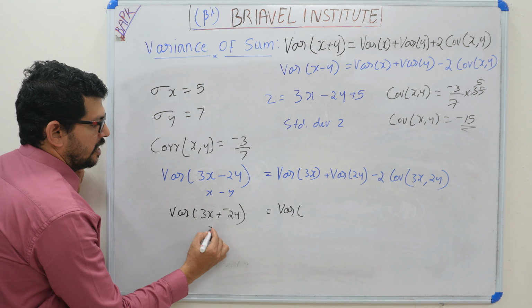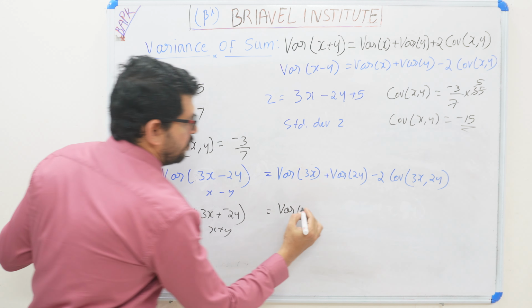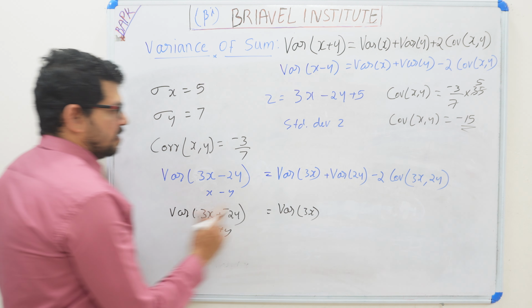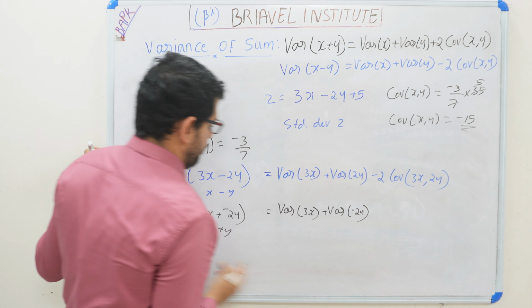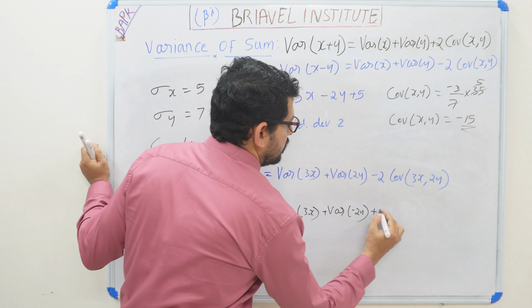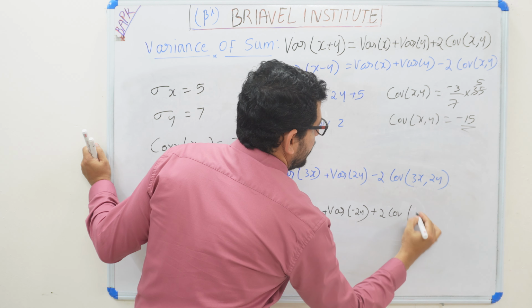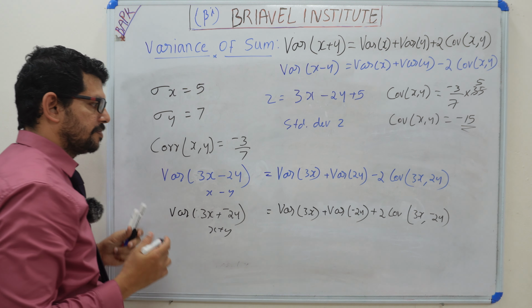Same way we can apply the same formula here: variance of 3x plus variance of minus 2y, plus 2 times covariance of 3x and minus 2y.